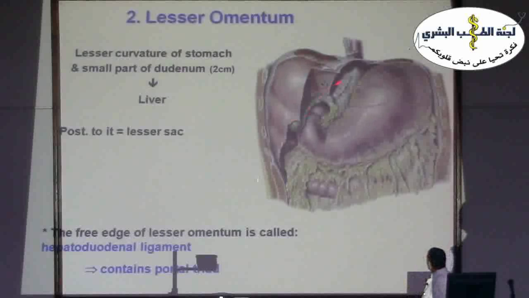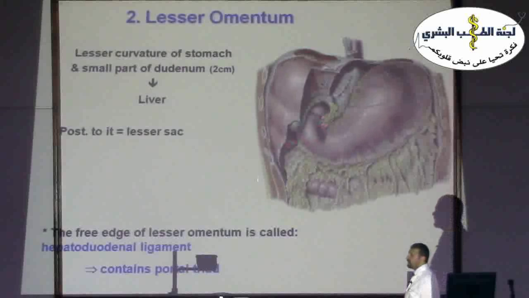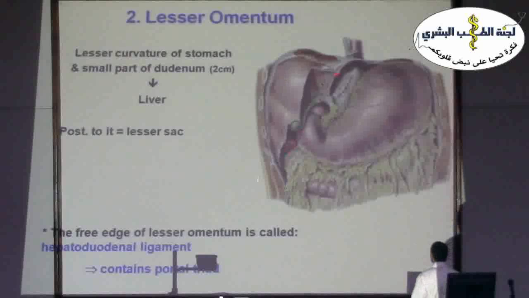So this is the lesser omentum. The lesser omentum extends from the lesser curvature of the stomach and the first 2 centimeters of the duodenum. The duodenum is actually retroperitoneal, but the first 2 centimeters, which are in close proximity to the stomach, are covered by part of the lesser omentum. So the lesser omentum can be subdivided into the part that goes from the stomach to the liver, or liver to the stomach.